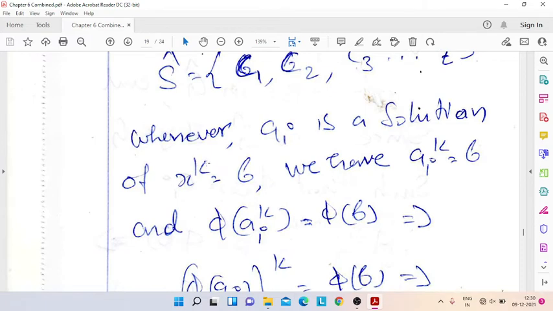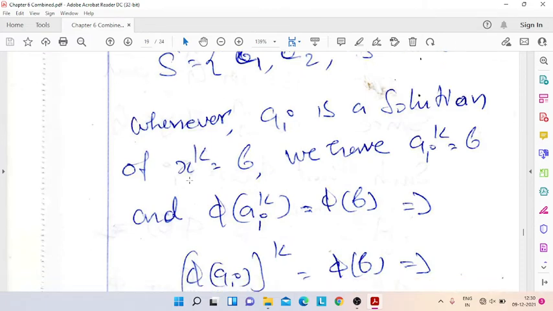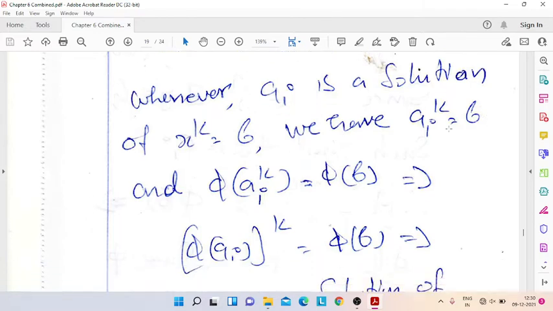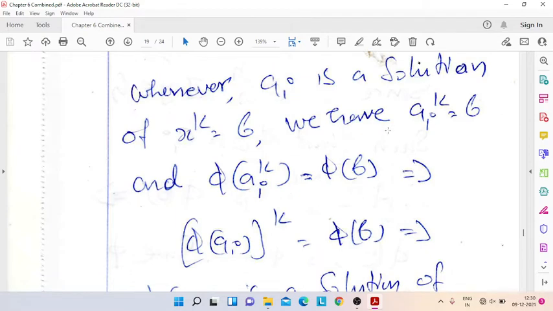See, whenever ai is a solution of x raised to k equal to b, we are now going to show that phi of ai is a solution of the equation x raised to k equal to phi b. We know that ai raised to k equal to b. And then by applying phi on both sides, we get phi of ai raised to k equal to phi b.